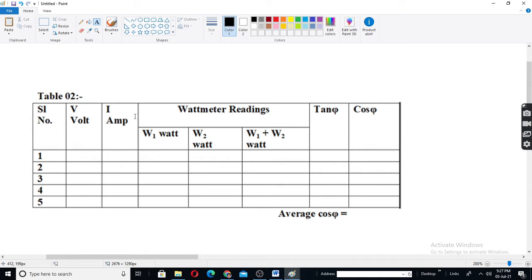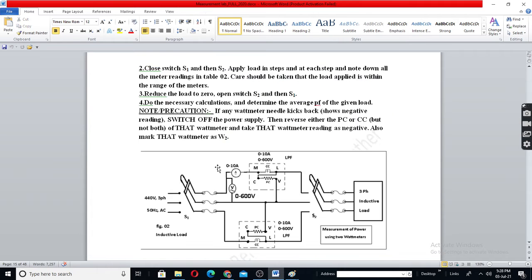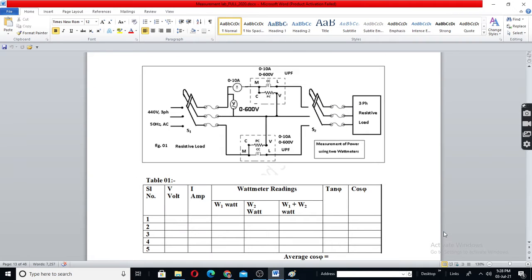In the circuit, first you will switch on the power supply S1 and then S2. This one, experiment number 4. Switch on S1 and then S2.